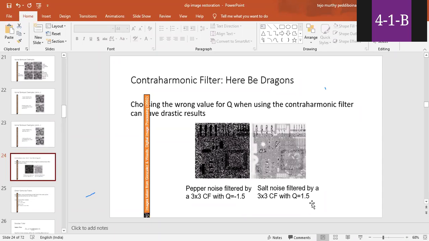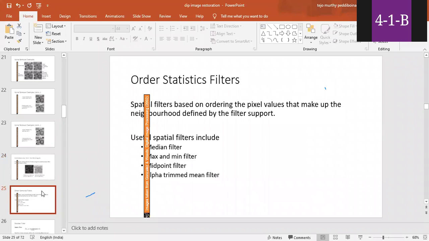You can observe that we have to go according to the type of noise that is actually present. Based on that, we have to use the filters with different Q values. We don't know exactly what Q value fits, so we have to choose different values according to the quality of the image. So that is almost an objective process, in most cases.